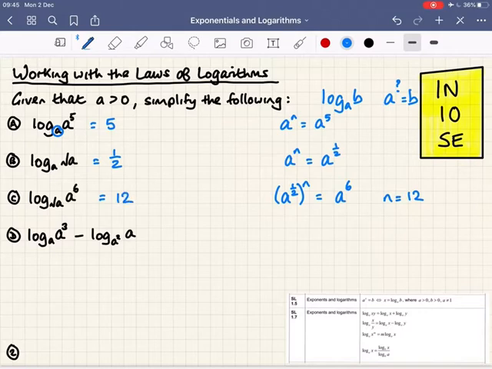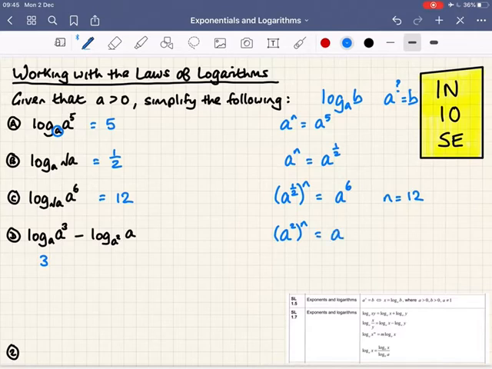And this final example, I'm going to have to deal with both of these separately. The first part, log to base a of a cubed, exactly like example A, that's just going to be equal to 3, because I raise a to the power of 3 to get a cubed. The second part, a little bit more difficult. A squared, what do I raise that to the power of? So a squared to the power of n has to equal a.